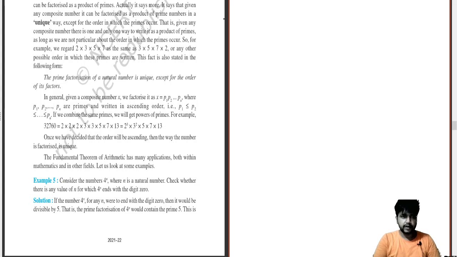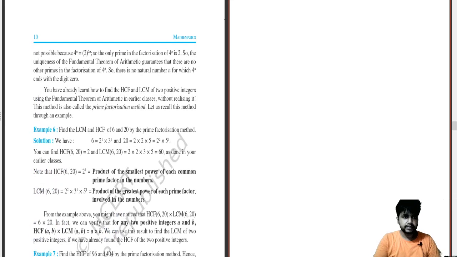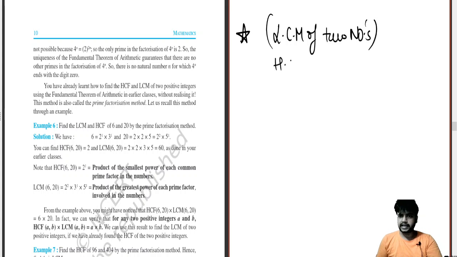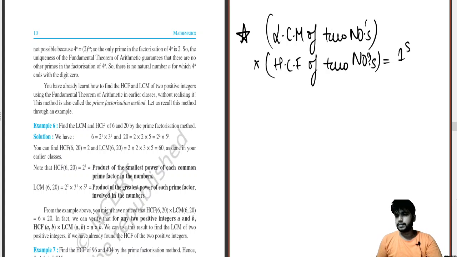Okay, so moving on further with the sums, you will get very easy sums. The first concept that comes into your mind, a very important thing, and a sum on it will definitely be in your exam: LCM of two numbers into HCF of two numbers, if you multiply them, is equal to the first number into the second number.